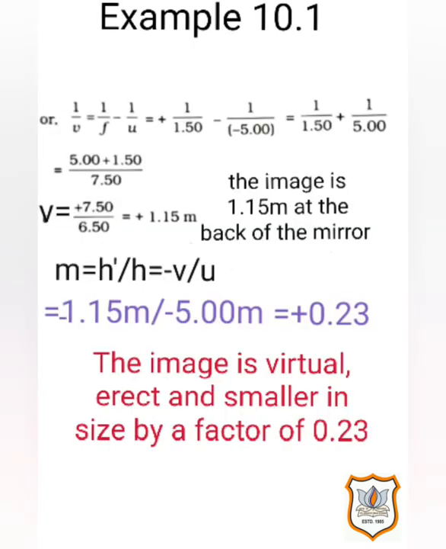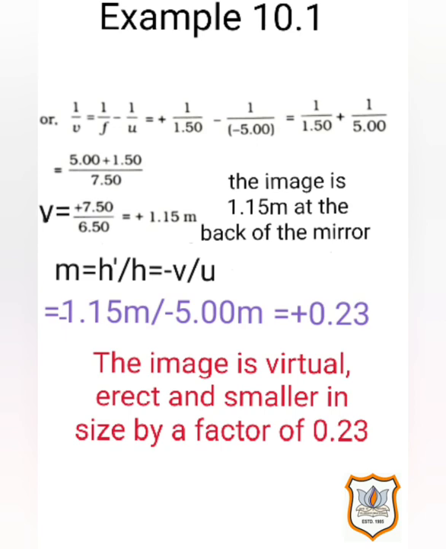Or we can take 1 upon v is equal to 1 upon f minus 1 upon u, because we know the values of f and u. Here 1 upon 1.50 is the focal length term, and minus 1 upon minus 5.00 is the object distance term. So we can write 1 upon 1.50 plus 1 upon 5.00, because minus into minus will be plus.